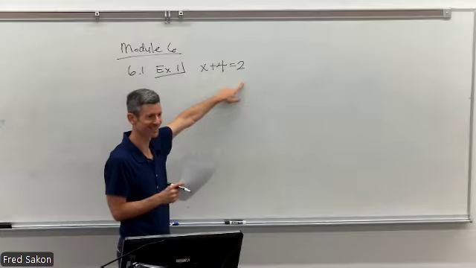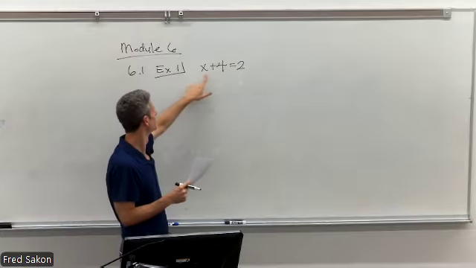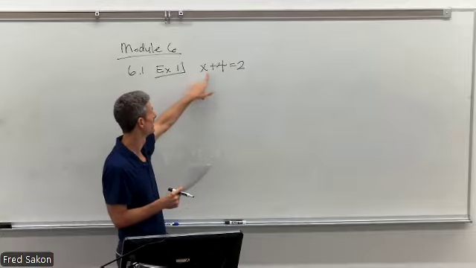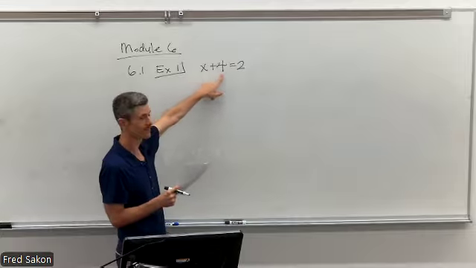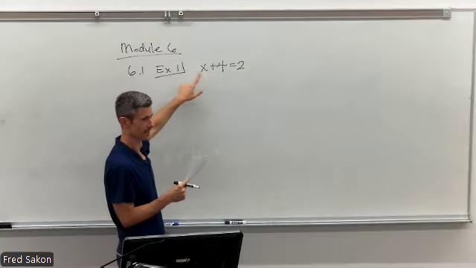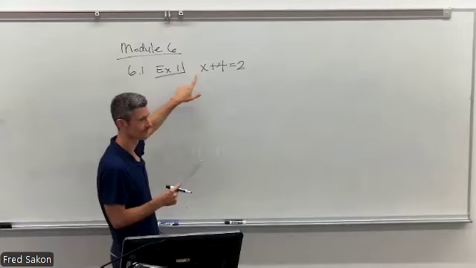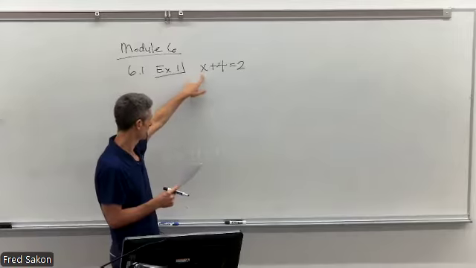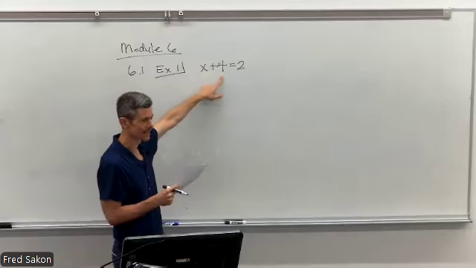Check yourself. Yeah. 3, 3 plus 4, 7. You can do trial and error as long as you want. 2 plus 4 equals 6.